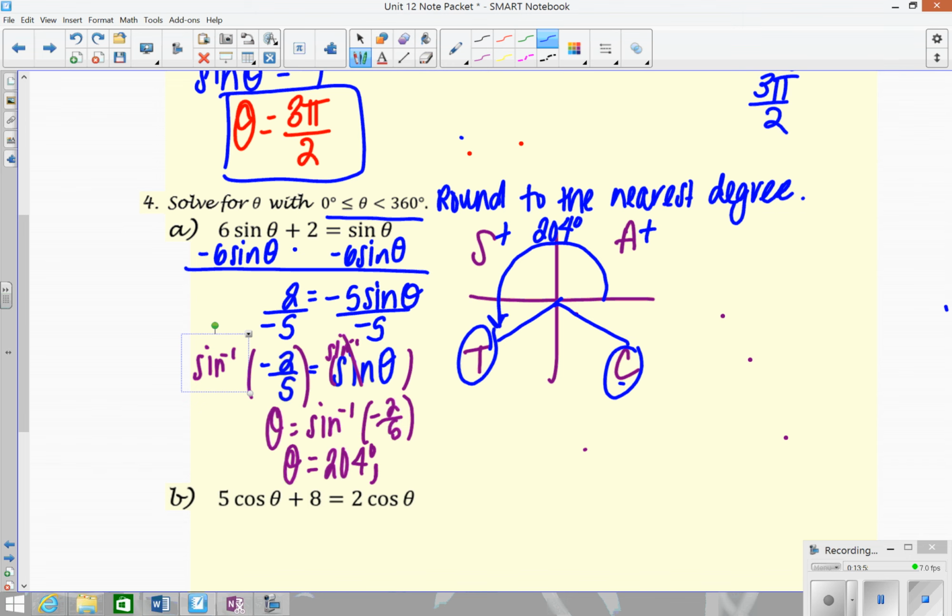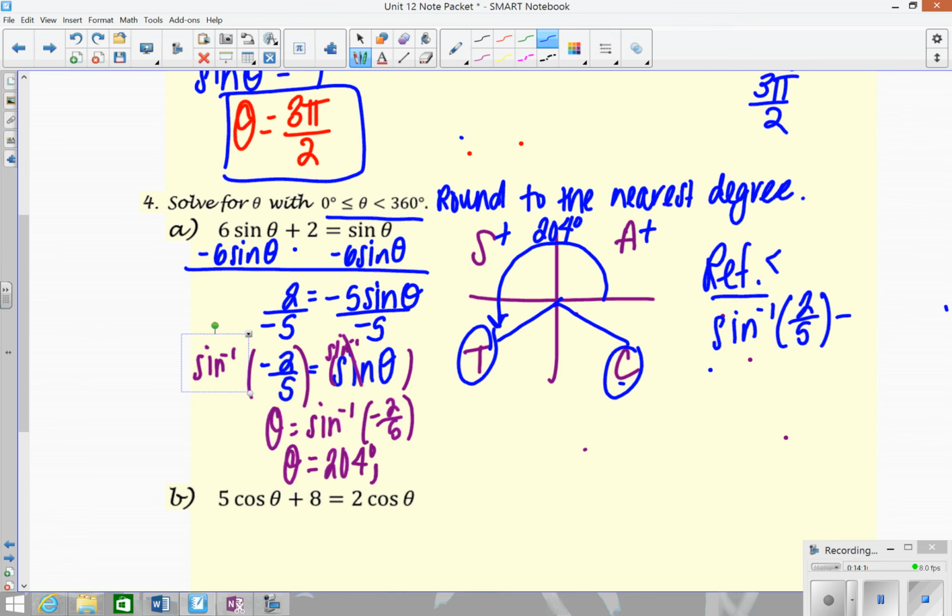So you could figure out the reference angle by doing 204 minus 180, and that'll get you your reference angle. Or what you can do to figure out the reference angle is in your calculator, you just put the positive in. So you would just do sine inverse of +2/5 instead of -2/5.